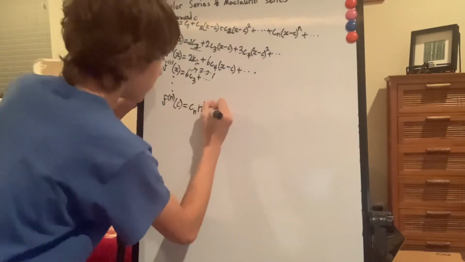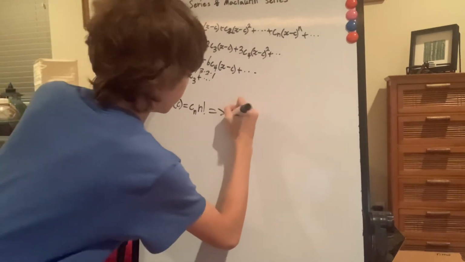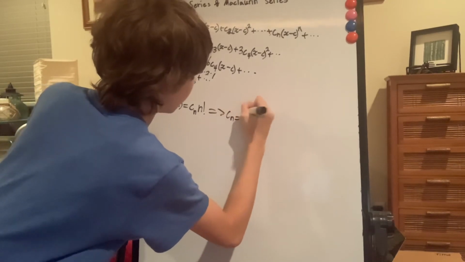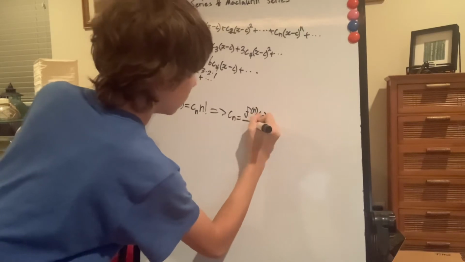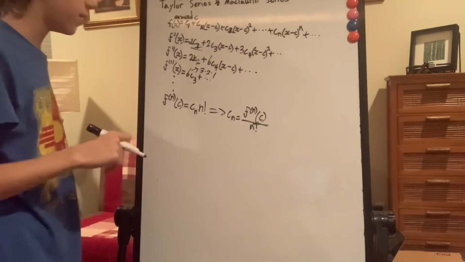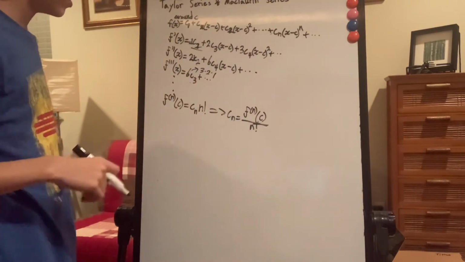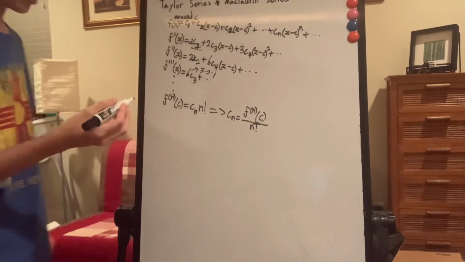So in other words, this implies that the nth coefficient is just going to be the nth derivative at c over n factorial. And this is the key idea. This takes a while to explain, but it's a very key idea.